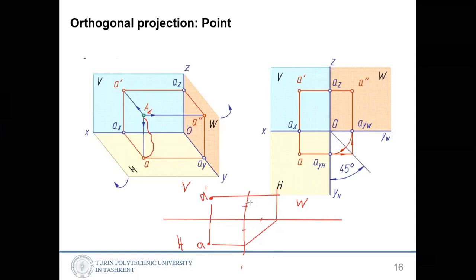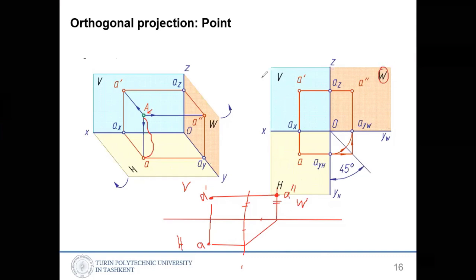That distance is equal to this distance. Then we can define point a2 dash. The intersection point gives you a2 dash. That is the W plane, the profile plane.